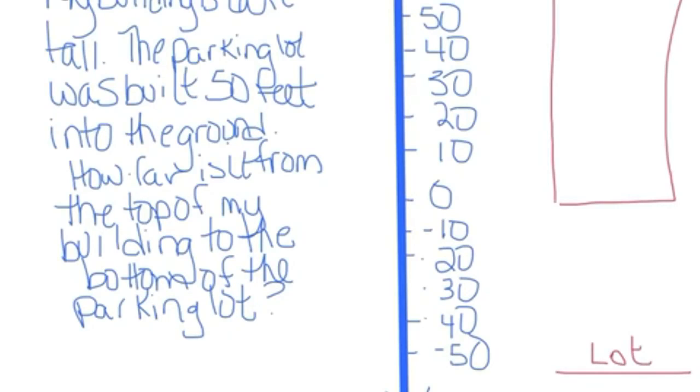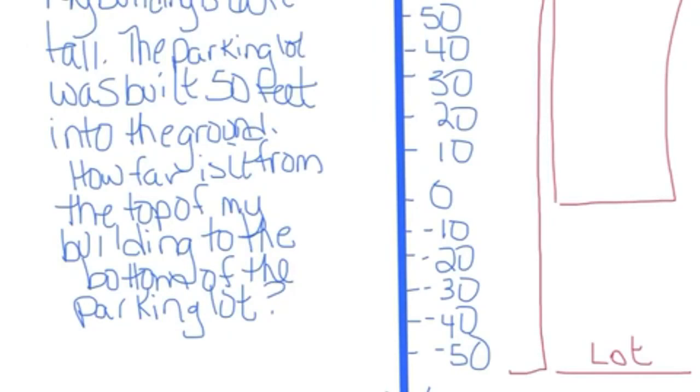I want to know the distance between the very top of my building to the bottom of my parking lot. So I'm talking about a distance that covers from 60 feet above the ground to 50 feet under the ground. My actual math problem is 60 minus a -50 because my parking lot is at -50 below the ground. What is my answer? I'm looking for the total distance between the two.